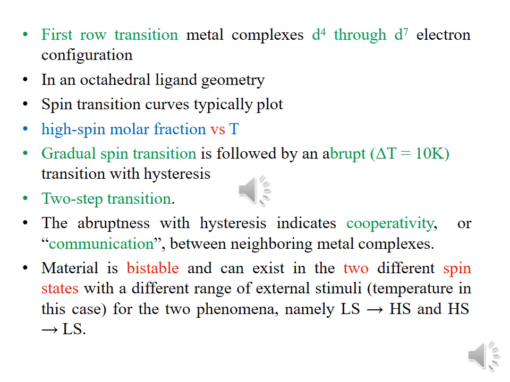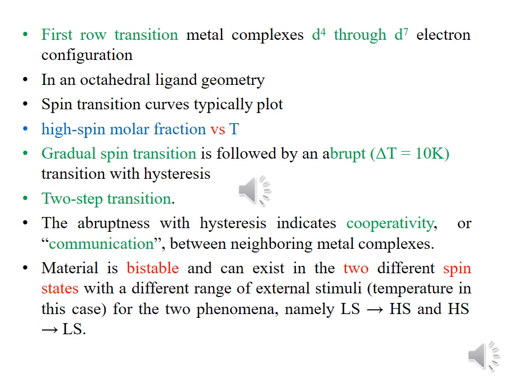In the previous slide, we discussed that the curve is plotted between the high spin molar fraction and temperature. For gradual spin transition, it is followed by an abrupt change at a temperature of 10 Kelvin. This is due to the transition with hysteresis loop.